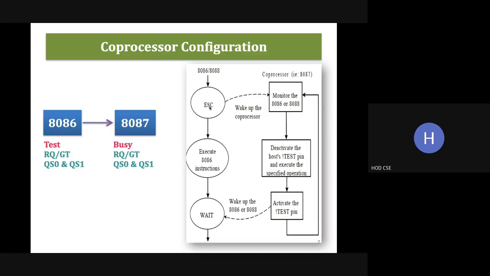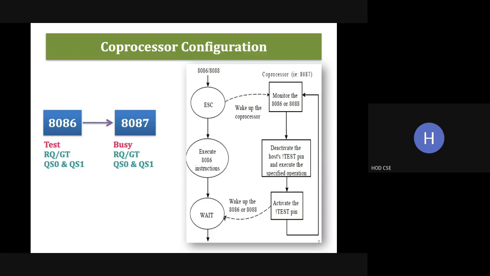Whenever the 8086 main processor sees a floating point instruction, which is prefixed by the escape instruction, it will be given to the coprocessor. Then the coprocessor will deactivate the test pin and execute the instruction. When the data is ready, it will activate the test pin, so the main processor understands that the data is ready and fetches the data from here.